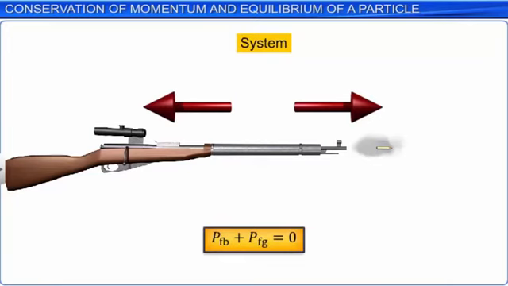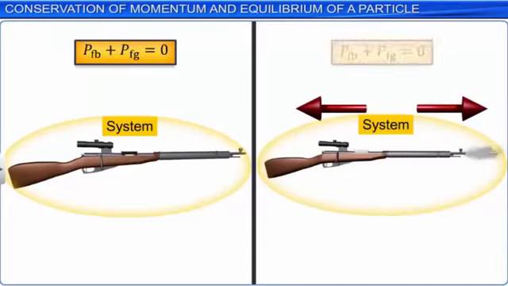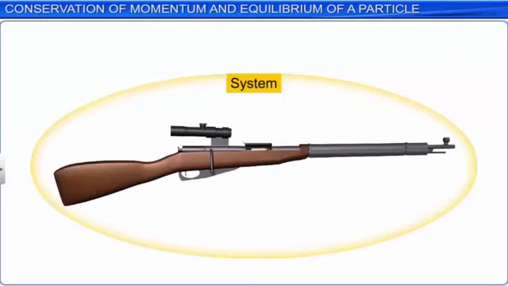We started with 0 momentum of the system, and its final momentum is also 0. This shows that the total momentum of the system is conserved. That is, it remains unchanged.